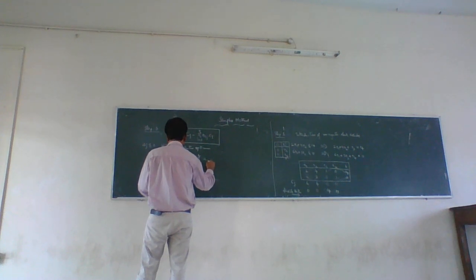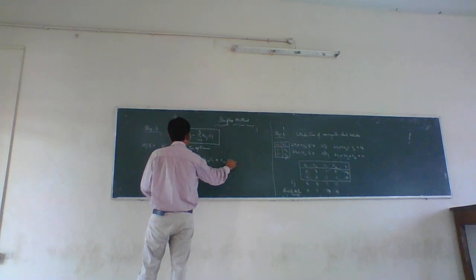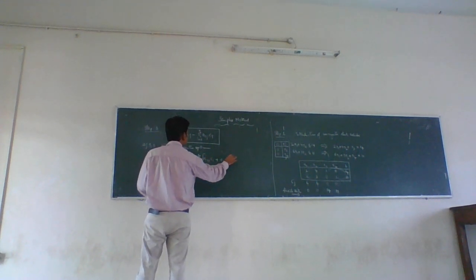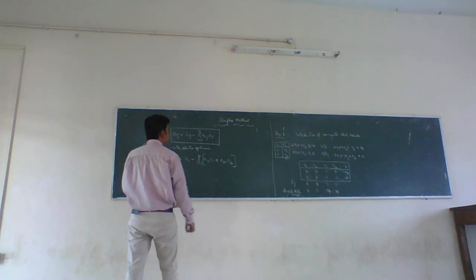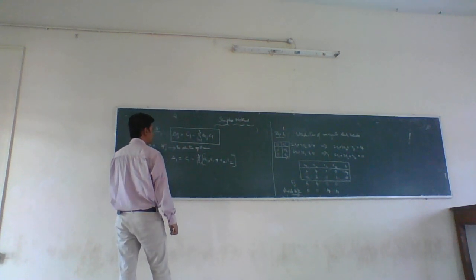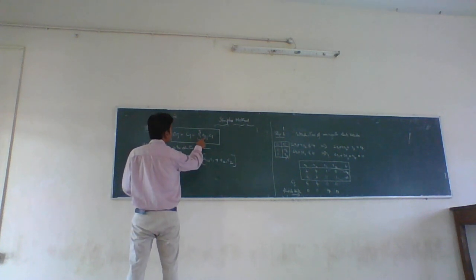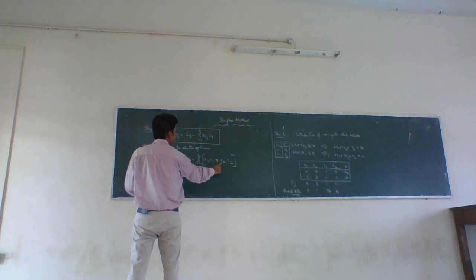So 1 to 2 means A11 C1 plus A21 C2. If I use sigma, this will be A11 C1 plus A21 C2. Look at I value, I am varying. I is 1 and next I is 2.